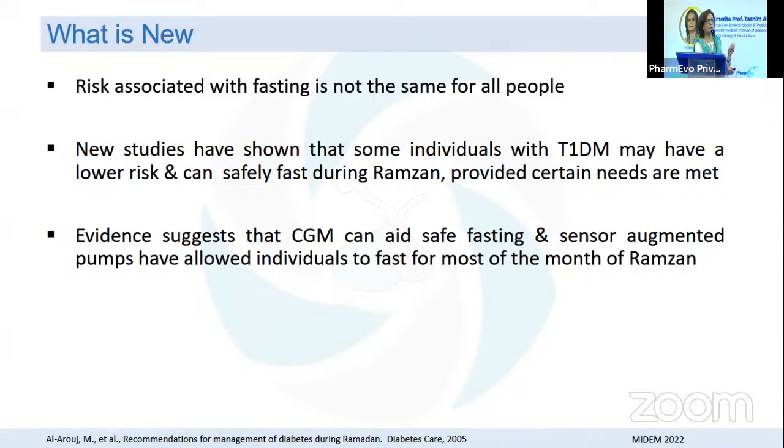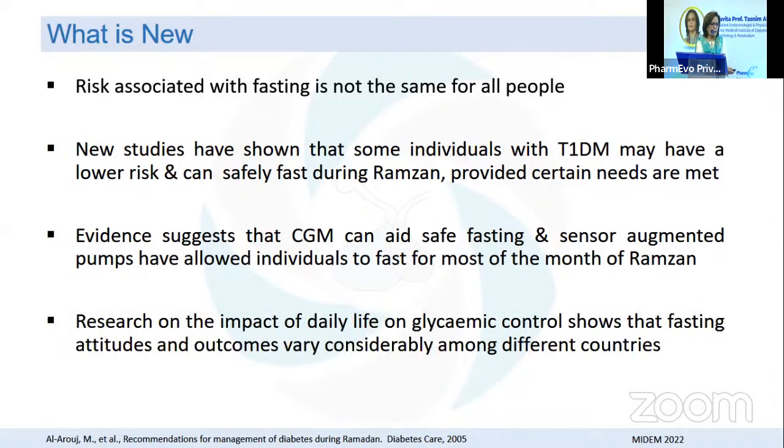Sensor-augmented pumps are the pumps that have a continuous CGM, and it gives you alarms. It can suspend insulin delivery, and it is not difficult to understand that it will enable you to fast more safely. And now we have the newer pumps. I'll just briefly mention it later on.